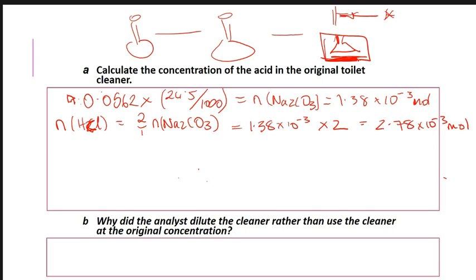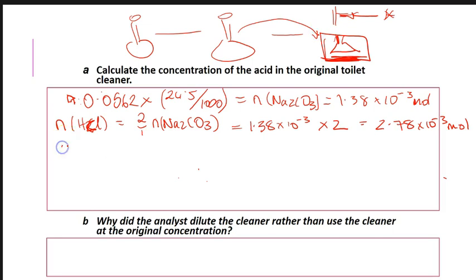So if we think about that, we can work out the concentration that is in here is the same as the concentration that's in here. The number of moles is different because I have more here, but the concentration in this flask is going to be the same as the concentration in that because I've just taken an aliquot into there.